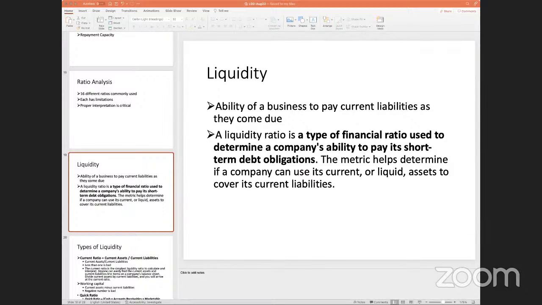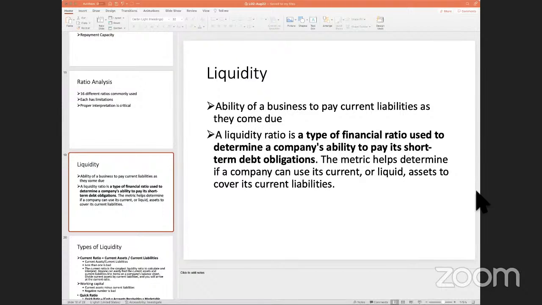Now, a liquidity ratio essentially would be used to determine the company's ability to pay its debt in terms of short-term obligations. If the company has to pay salaries to employees, the liquidity ratio would be used to primarily calculate the liquidity of the company.